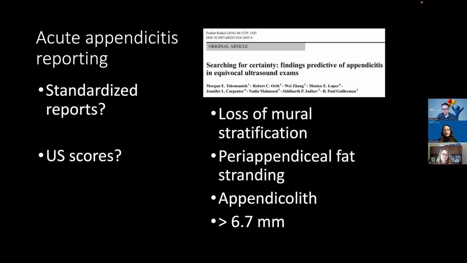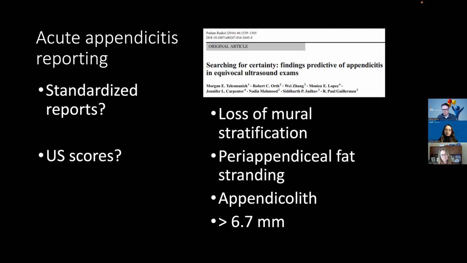From that cohort, they looked at what made it even more likely that they'll have acute appendicitis. It turns out that loss of mural stratification, the periappendiceal fat stranding, and if you can identify the appendicolith.